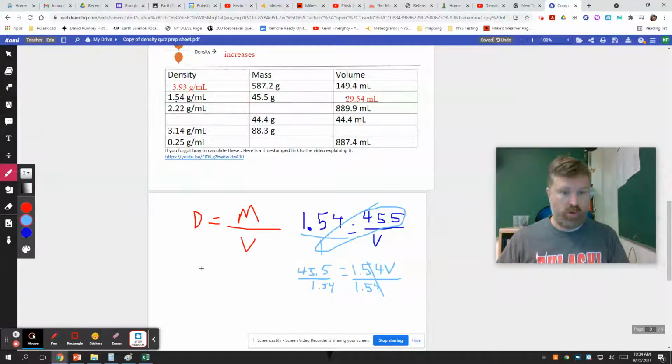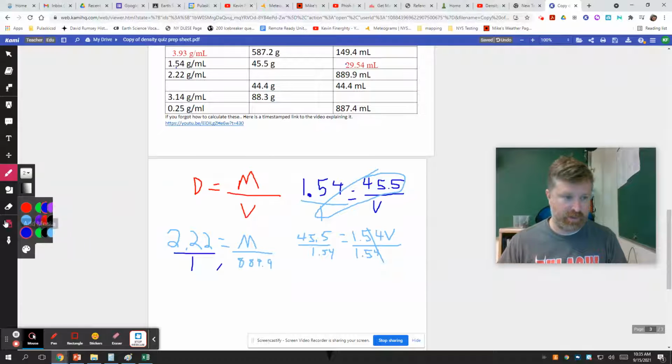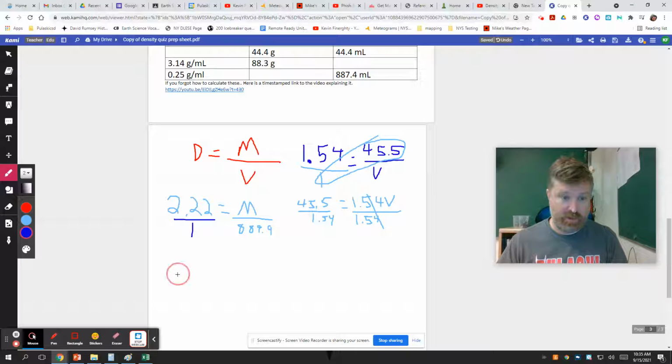Okay, let's do one more in slow form. Now I've got a density of 2.22, and that's equal to some mass that I don't know. So m, or again, if you're locked in algebra mode, use x, over 889.9. Always legal to put something over 1. Cross multiply. That means m, because it's m times 1, equals that times that.